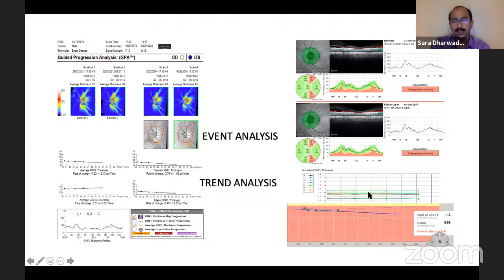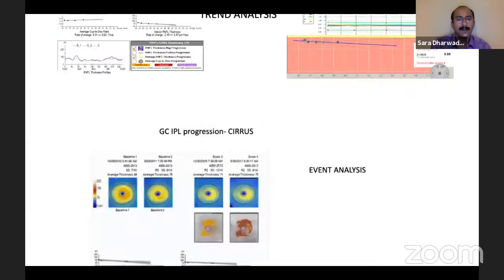Each part of the RNFL can be plotted over time, and then you can get a linear regression of all those values, and it can tell you the micron change over time, and you can attach statistical significance to that depending upon your knowledge of the accuracy of your machine and the imaging logic that is used according to your ophthalmic society or the glaucoma society guidelines.